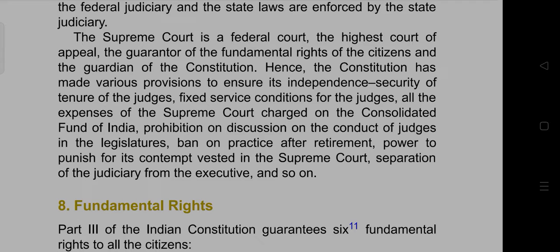Hence, the Constitution has made various provisions to ensure its independence: security of tenure of the judges, fixed service conditions for the judges, all the expenses of the Supreme Court charged on the Consolidated Fund of India, prohibition on the discussion of the conduct of judges in the legislature, ban on the practice after retirement, power to punish for its contempt vested in the Supreme Court, separation of judiciary from executive, and so on.